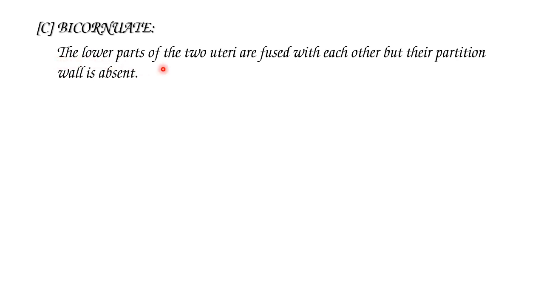Bicornuate: the lower parts of the two uteri are fused with each other, but the partition wall is absent. This type of uterus we can observe in the rabbit.